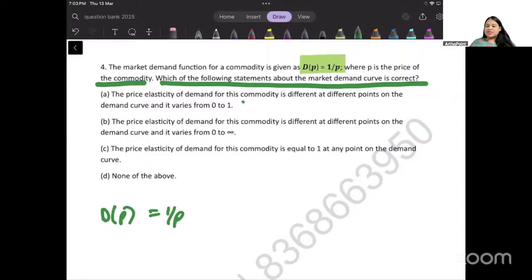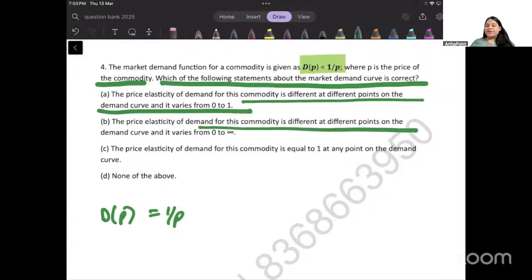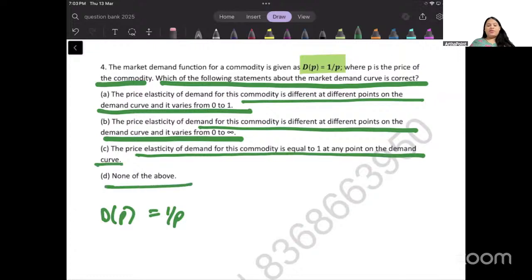The price elasticity for this commodity is different at different points. The price elasticity is different at different points, varies between 0 and infinity. The price elasticity is equal to 1 at every point, none of the above. Try to answer this one, beta. Try to answer it in the chat window.